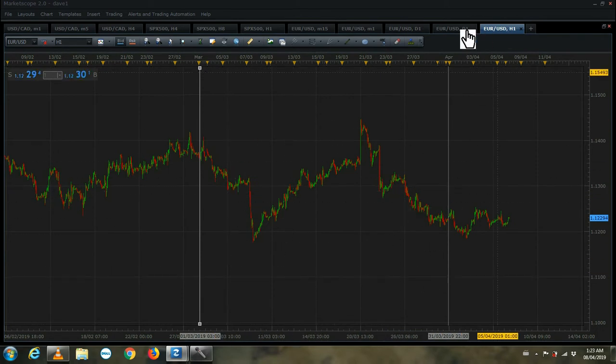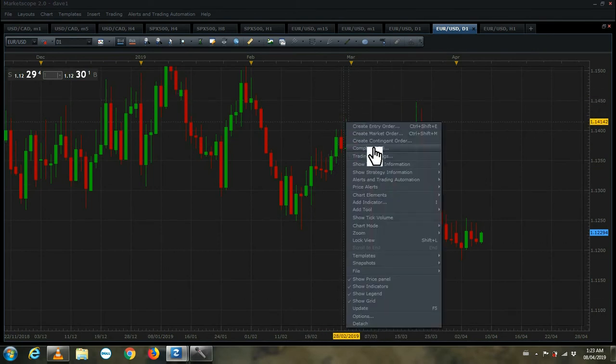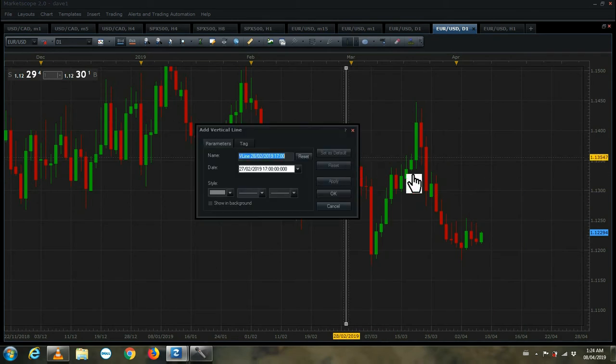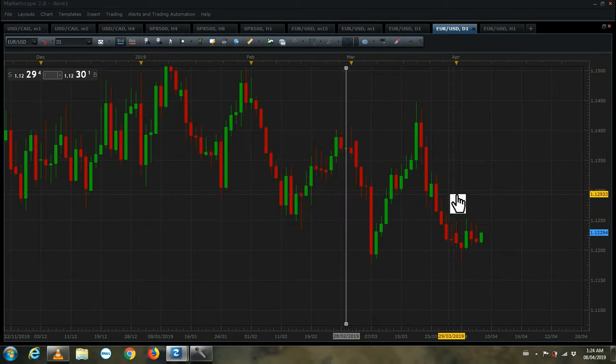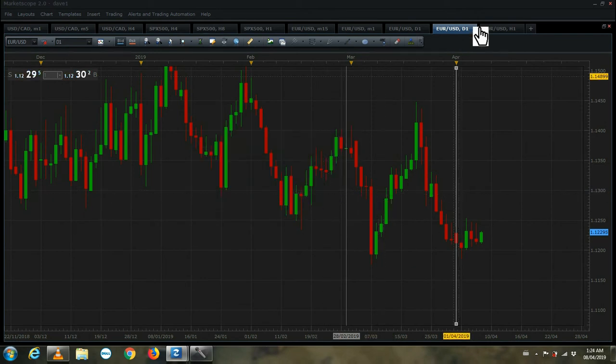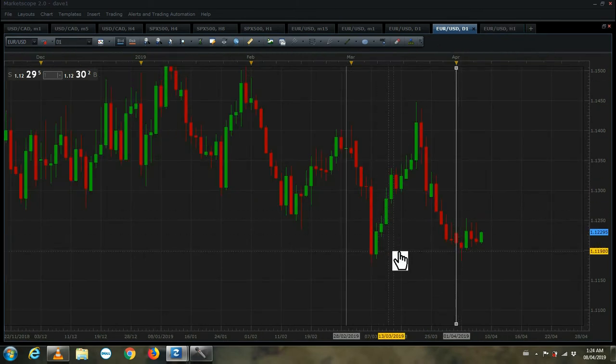So all of this represents, another vertical line, all of this chart pattern here represents all of this chart pattern here.